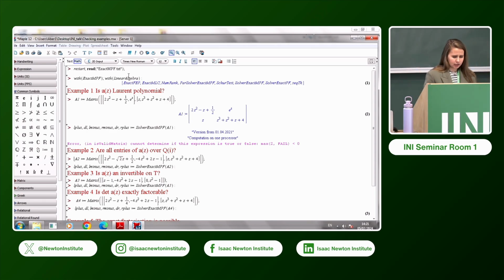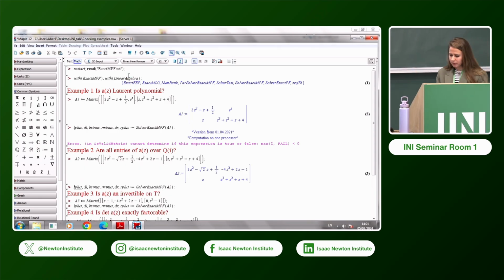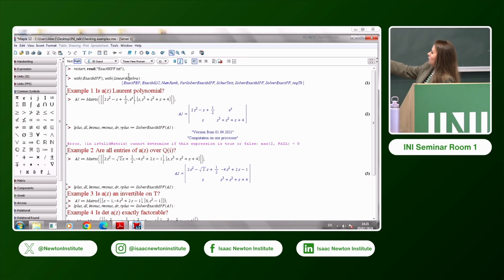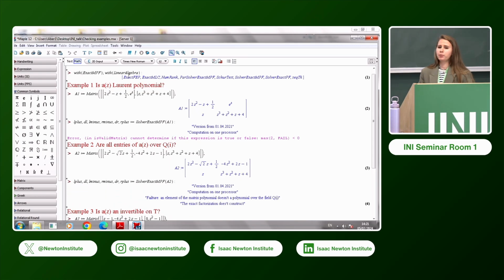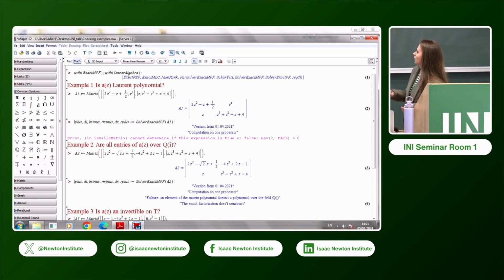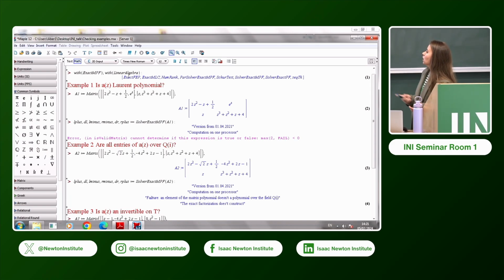So let's try this one. Here I added a square root, and of course the package recognized it and gave us a note that the exact factorization is impossible.